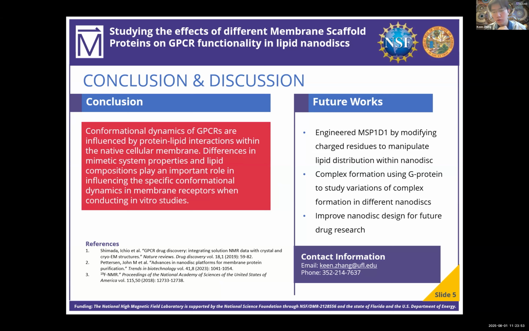Through this work, we hope to improve nanodisc design for future drug research in order to more accurately simulate a human cellular membrane environment. Further research that is planned is using complex formations with the G protein, as these receptors are normally coupled in a complex with G protein, to study more accurate functionality such as in the regular human cellular membrane. Thank you for listening.